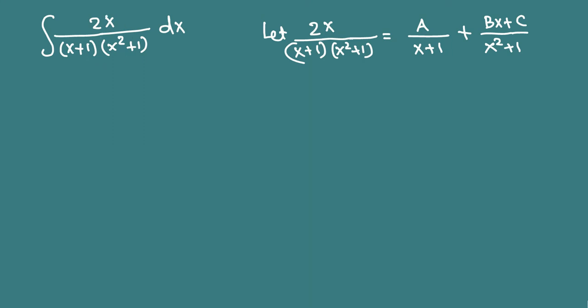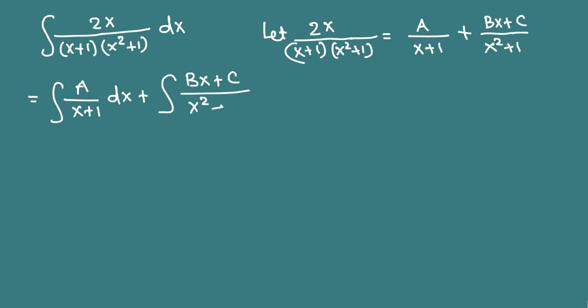Now the integral of this fraction is the integral of the right hand side, and we have two fractions on the right. So a over x plus 1 dx plus bx plus c over x squared plus 1 dx.